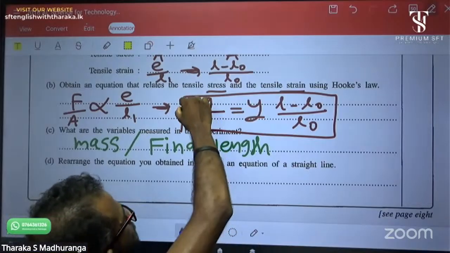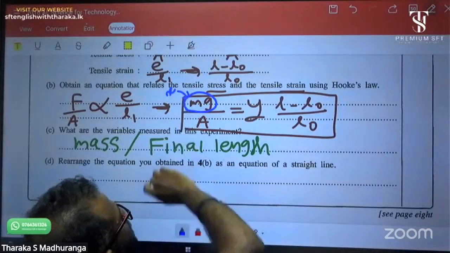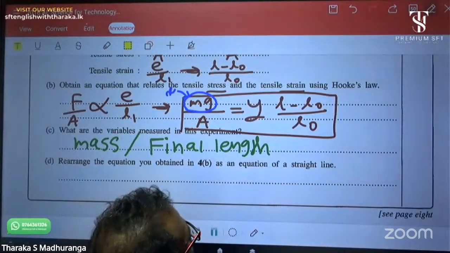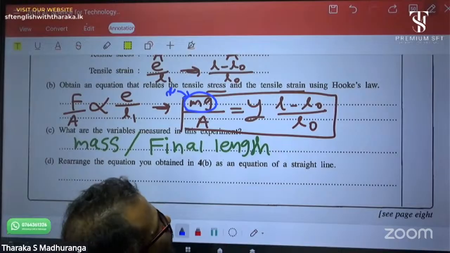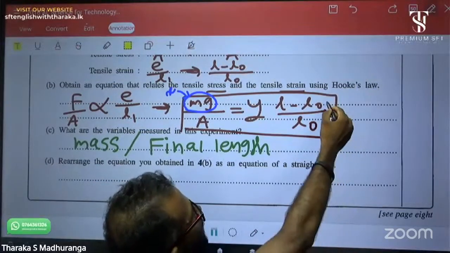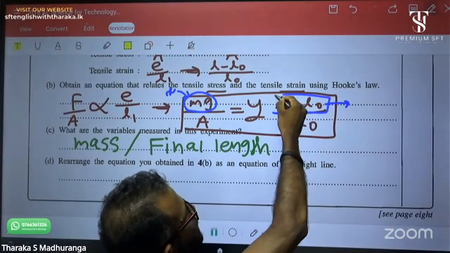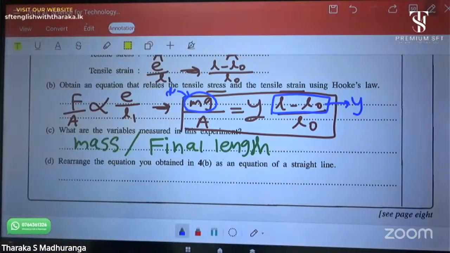Weight, right? Then this is the x-axis. mg, or m, is x. Then the automatically changing factor is L minus L naught, so that is y. Then isolate L minus L naught.